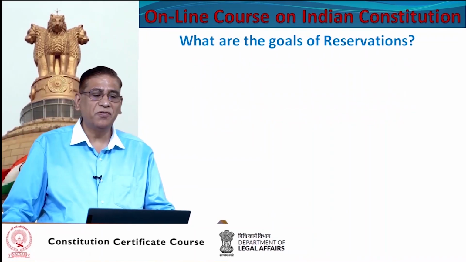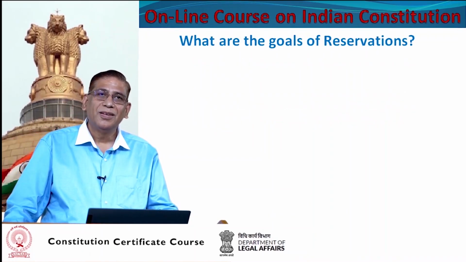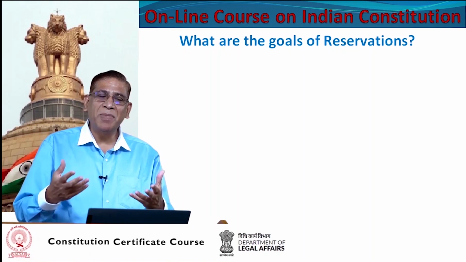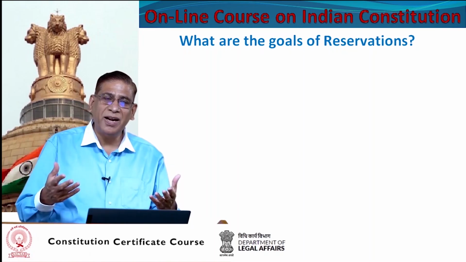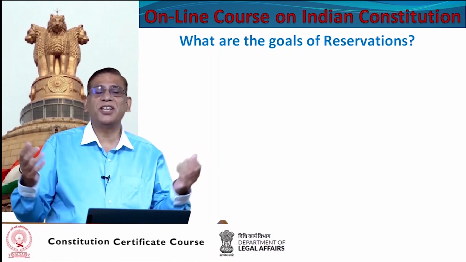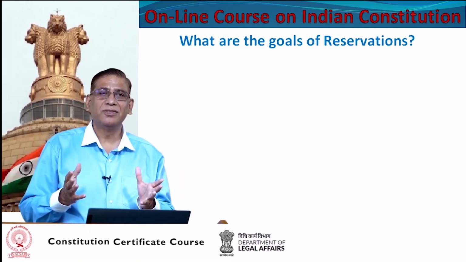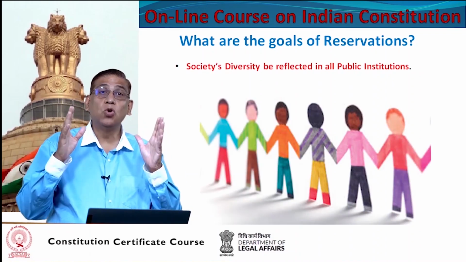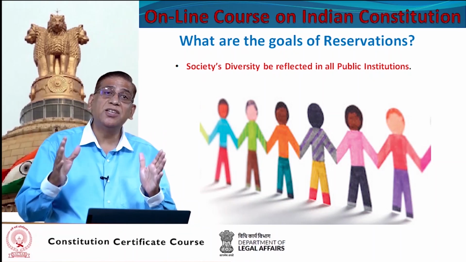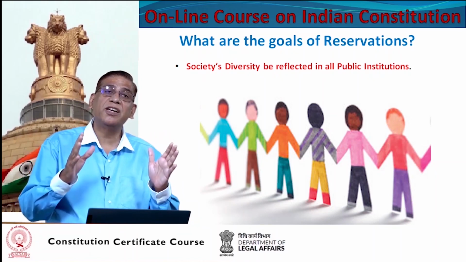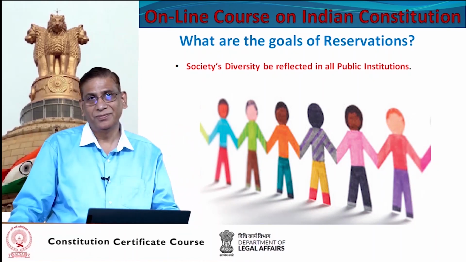What are the goals of reservations? What was Ambedkar demanding, what were Kannada Brahmins demanding? Representation. Our society is diverse, and it is good if society's diversity is reflected in public institutions.